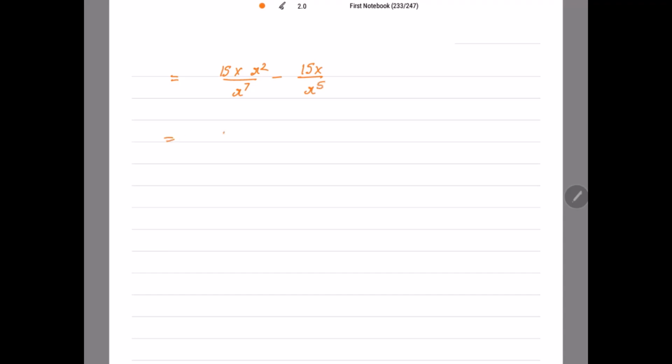Now it cancels: 15x over r the power 5 minus 15x over r the power 5, and these two cancel. So finally I got, hence, del square x over r cube is equal to 0, hence the result.